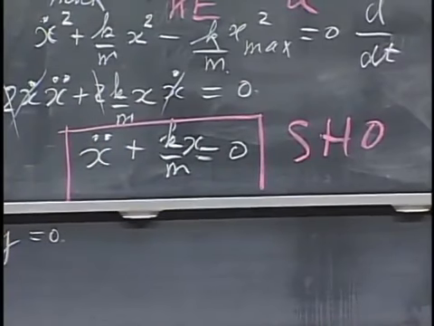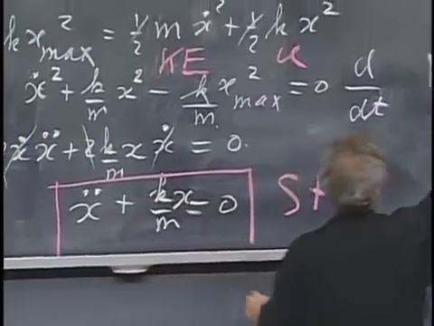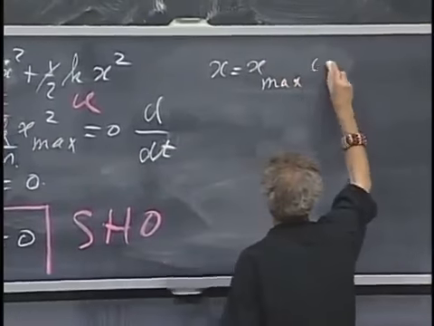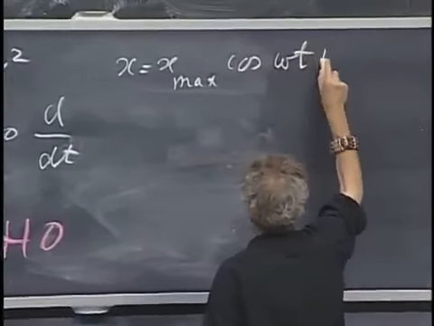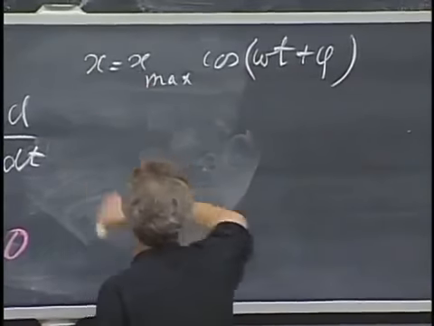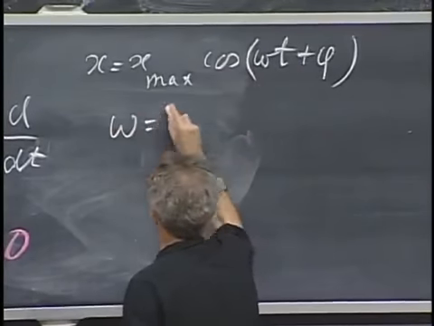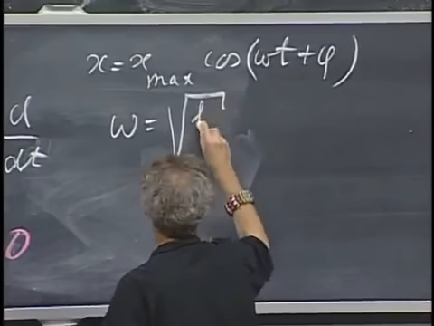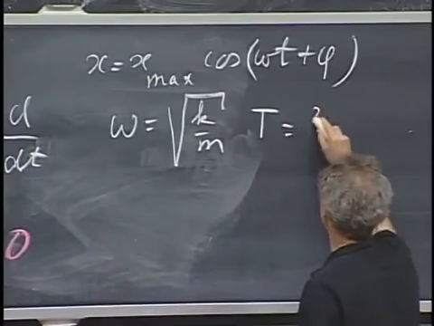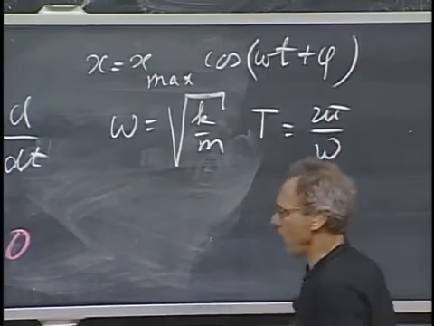Thank you very much. The solution is x equals x max times the cosine of omega t plus phi. This is the amplitude, and omega equals the square root of k over m. And the period for one oscillation equals 2 pi divided by omega.